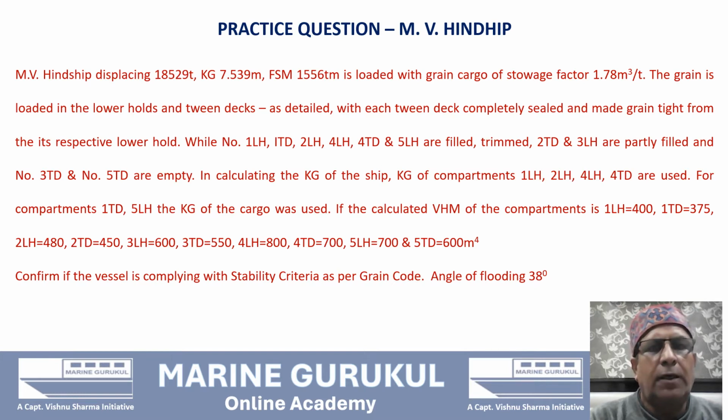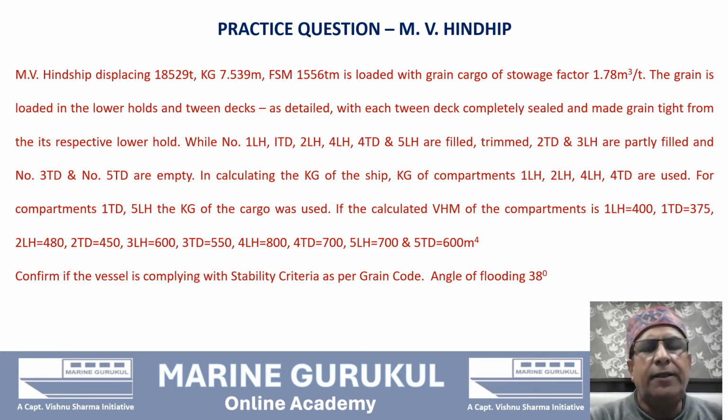Number 1 lower hold, 1 twin deck, 2 lower hold, 4 lower hold, 4 twin deck and 5 lower hold are filled, trimmed. 2 twin deck and 3 lower hold are partly filled. And number 3 twin deck and number 5 twin deck are empty.